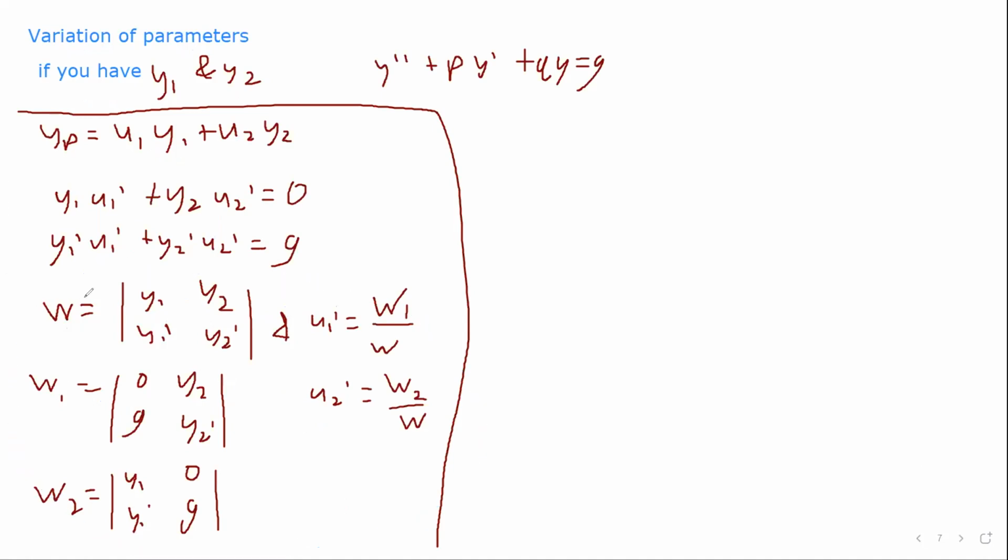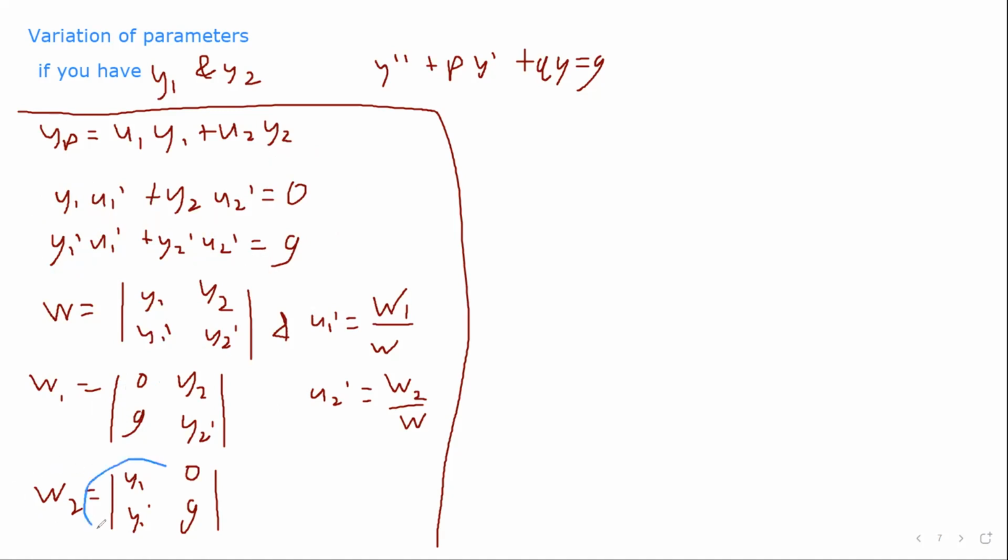Because you can observe that the Wronskian determinants here are derived exactly from Cramer's rule. W is the coefficient matrix. W1 is the coefficient matrix where y1 and y1 prime are replaced with 0 and g, quote unquote constants.